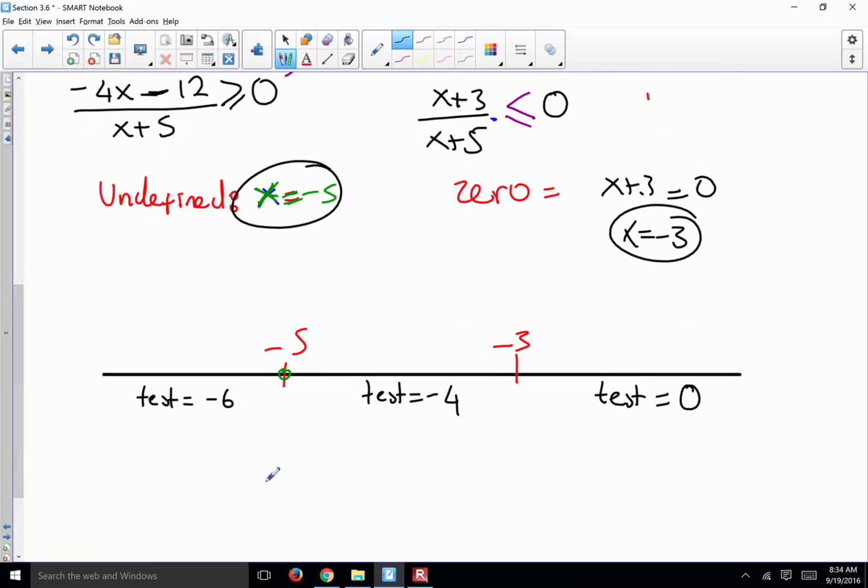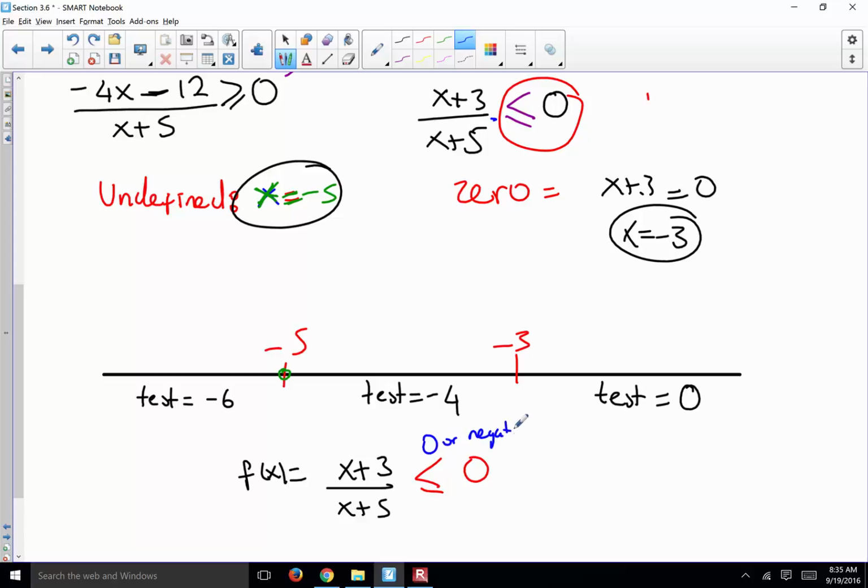So here is the function we're testing for signs of x plus 3 and x plus 5. What is our goal? We want it to be negative or 0. So when does this become 0? When does this become negative? We will take our colored pen and describe those regions.